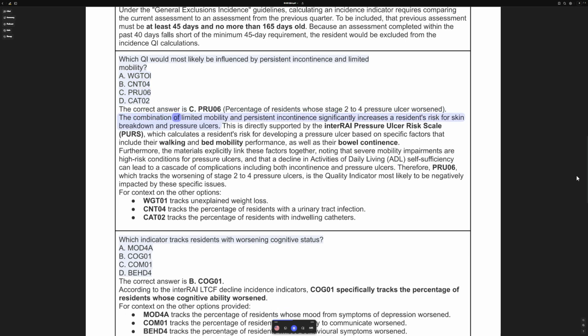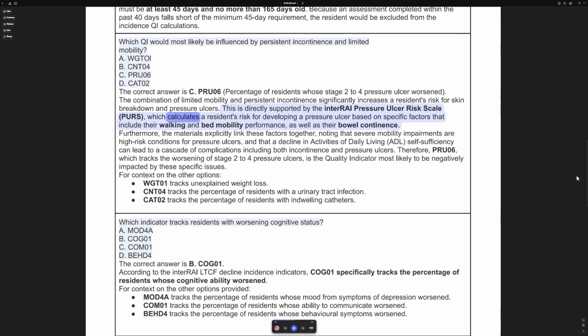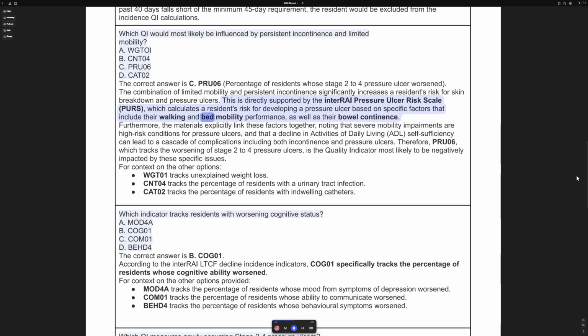The combination of limited mobility and persistent incontinence significantly increases a resident's risk for skin breakdown and pressure ulcers. This is directly supported by the Inter-RAI Pressure Ulcer Risk Scale, PURS, which calculates a resident's risk for developing a pressure ulcer based on specific factors that include their walking and bed mobility performance, as well as their bowel continence.